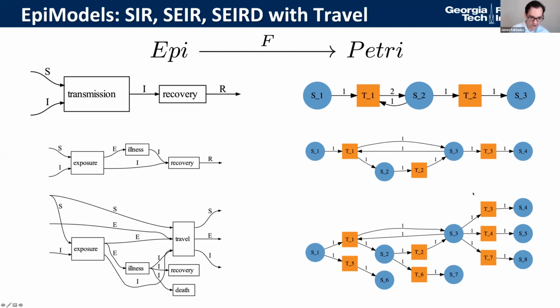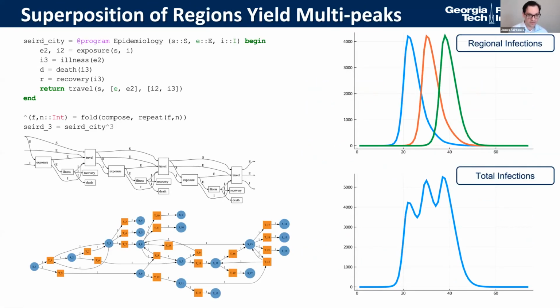And so that's going to be our basic model that we're going to repeat to get our multi-city model. So this SEIRD city variable is a specification of a single city or single region epidemic. So there's like some exposure process and illness, death, recovery, travel.